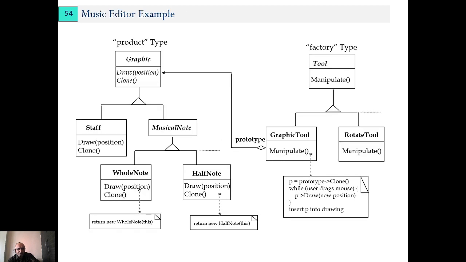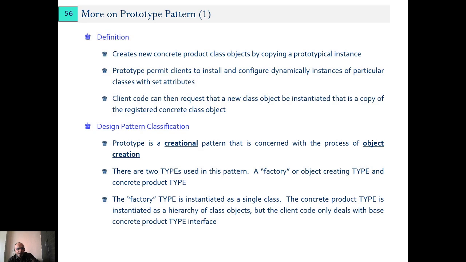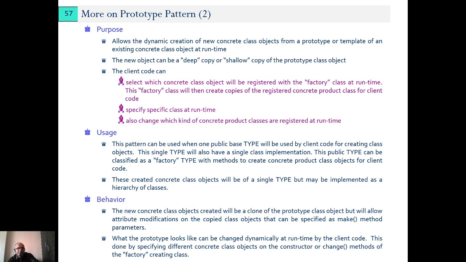Music editor is another example of product and factory, right? For the sake of understanding, you use prototype for cloning. So a collaboration diagram is also drawn. Okay, I hope the purpose has been explained to you.